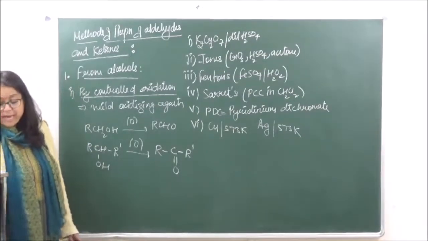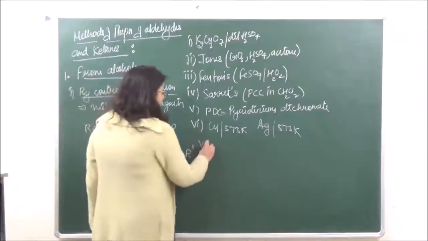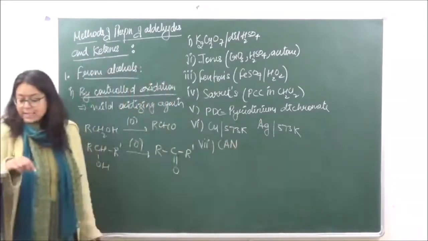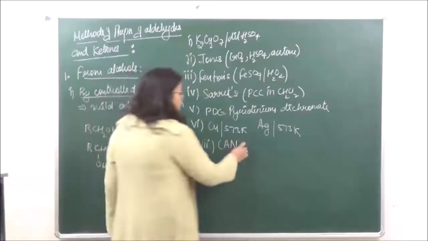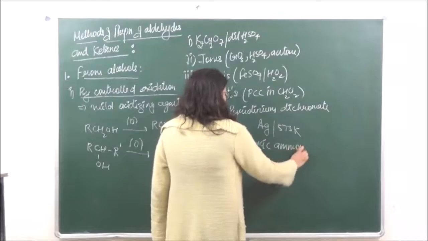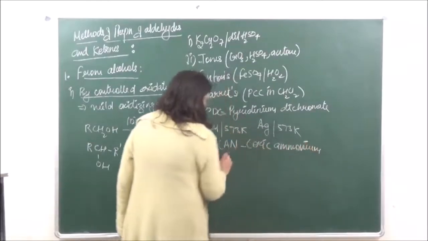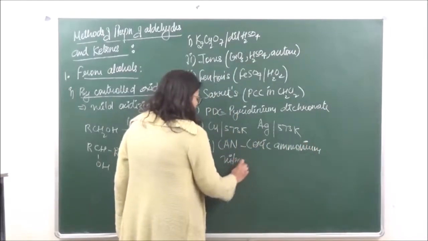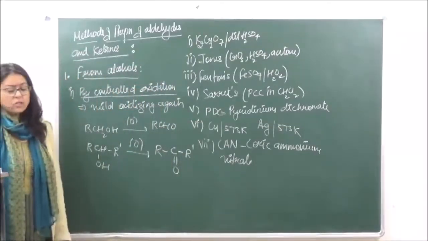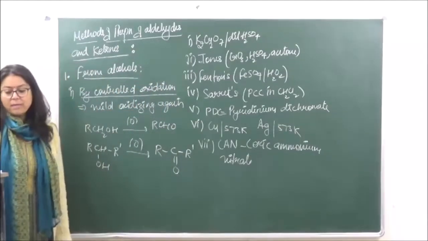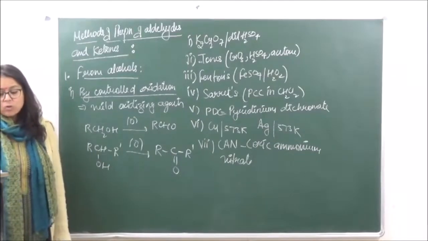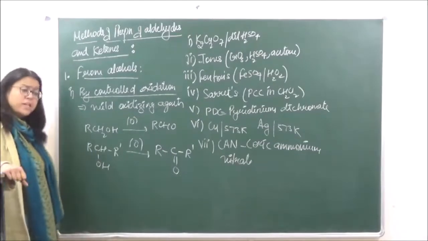After that we have CAN, another reagent we use, known as ceric ammonium nitrate. If you use any of these oxidizing agents, they convert primary alcohols into aldehydes and secondary alcohols into ketones.